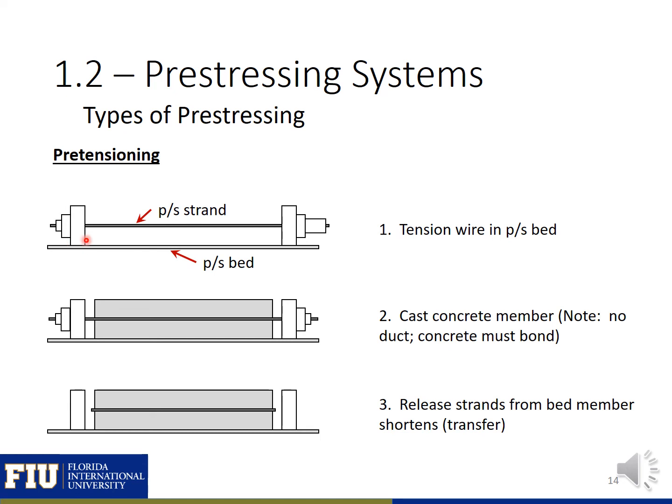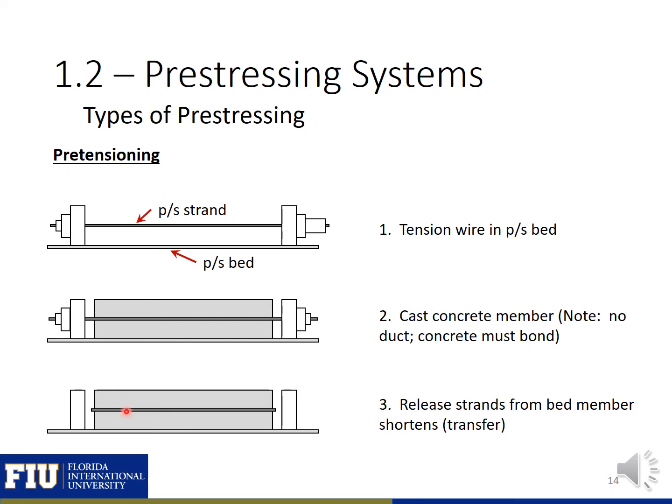So after the strand is tensioned, the concrete can then be placed. Here we don't have any duct because the concrete needs to bond with the strand. So stresses are transferred from the strand to the concrete through bond between the two. So here the concrete's placed, it's allowed to harden, and then after that the strands are cut, which transfers the stress from the bed to the beam.